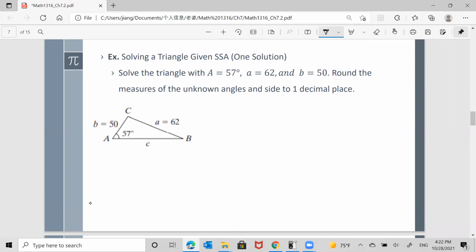So here is the picture. We have two sides, a and b, and the one angle, 57. So this angle is not between the two sides. It's just next to one of the legs. So how to solve this case?